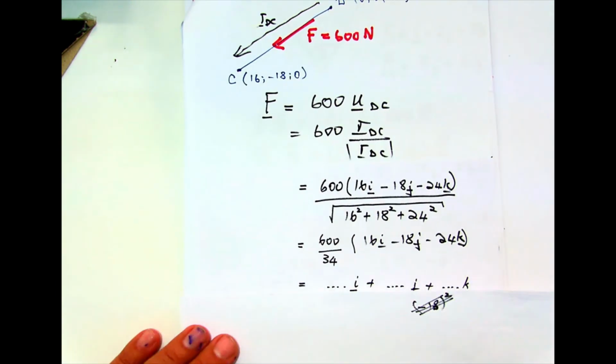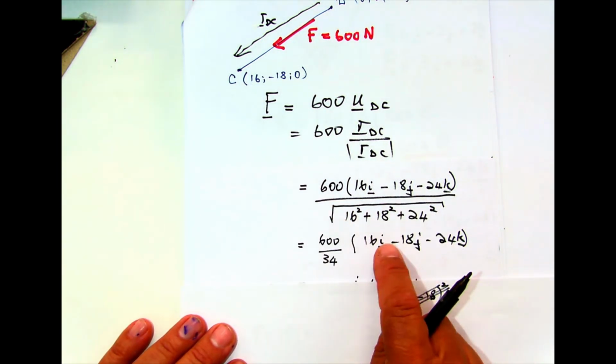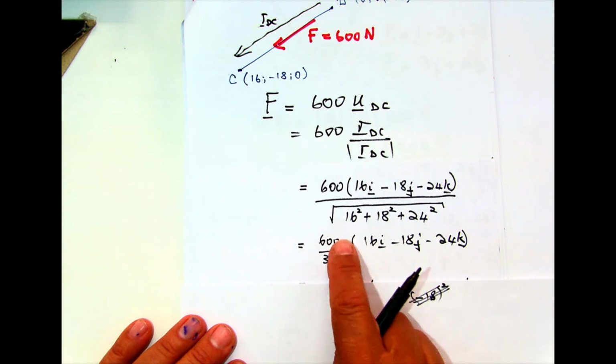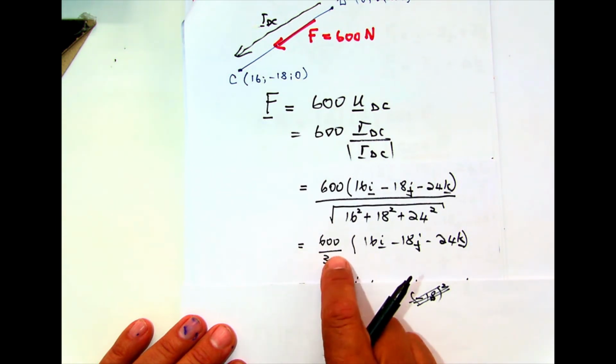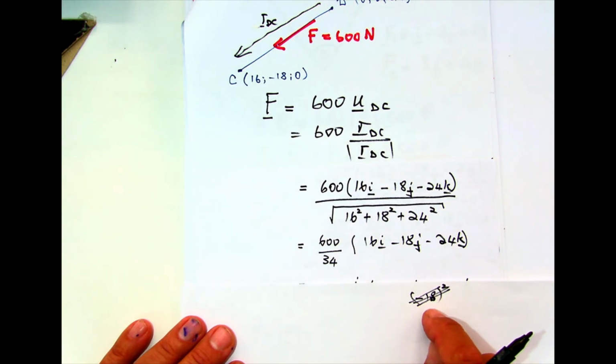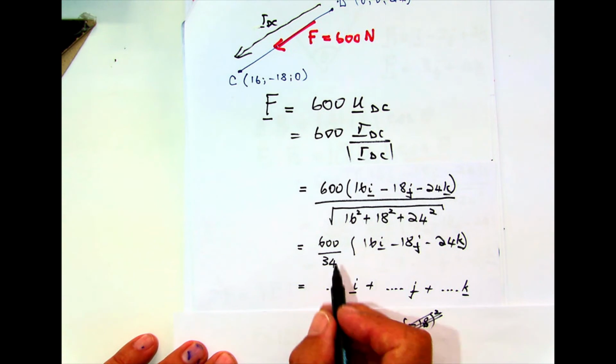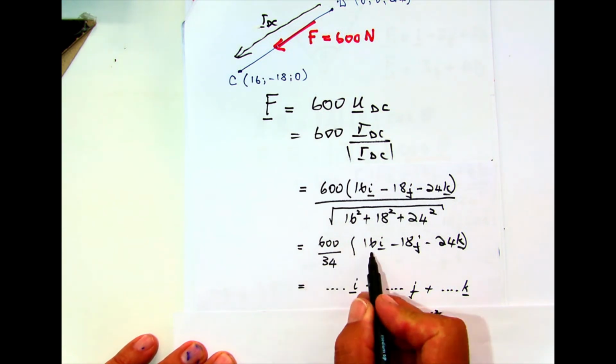So I'll first check what that square root is before, especially if it's an integer, then I can simplify this and then work that out. And okay, then you're going to get 600 divided by 34 times 16.